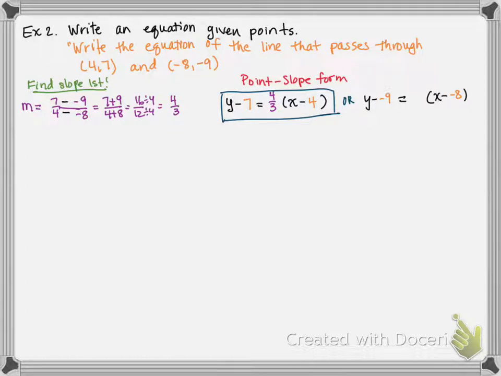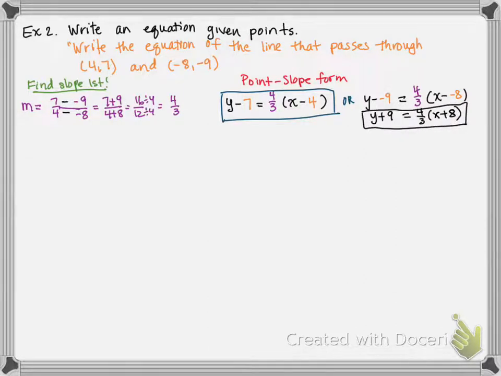We're going to take those signs and they're going to become positives. So I'm going to get y plus 9 equals, oh, I forgot the slope, 4/3. And then I would have 4/3 times the quantity x plus 8.